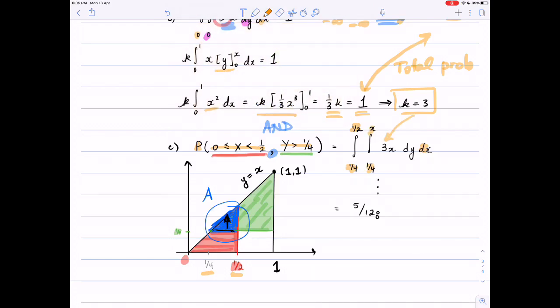If we fill in the k value as 3, that's our density function. Evaluate that integral, and I skip the steps, and you will find the probability that x is between 0 and 1/2 and y is greater than 1/4.